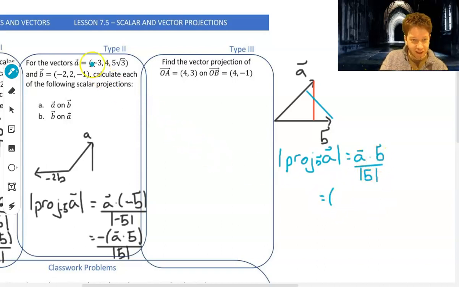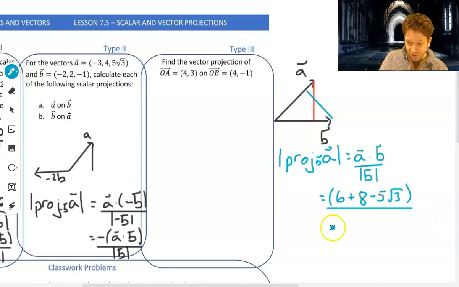So A dot B, we have minus 3 times minus 2, it's going to give us 6. And then our y coordinates, 4 times 2, so that's 8, so plus 8. And our z coordinates, 5 root 3 times negative 1, so minus 5 root 3. So there is our dot product.